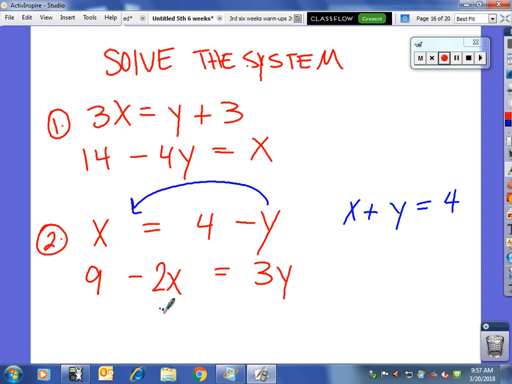Okay, so far so good. What'd you do on the bottom one? Okay, so then you would have positive 2x plus 3y equals 9, right? Then what?